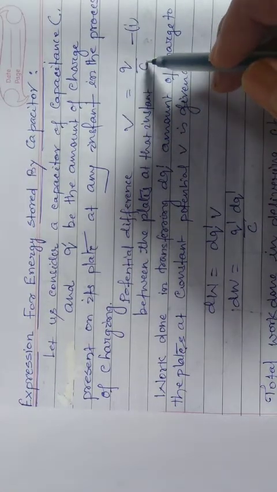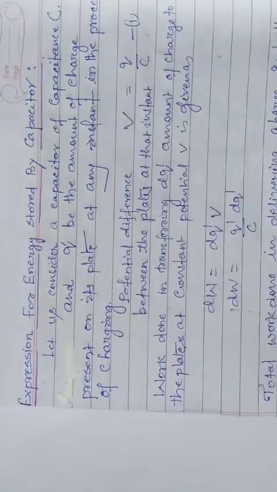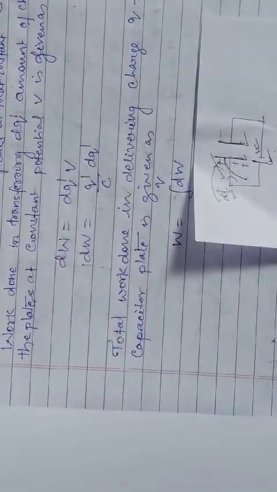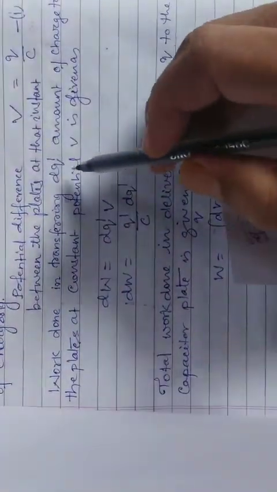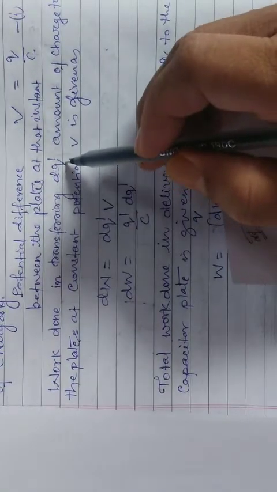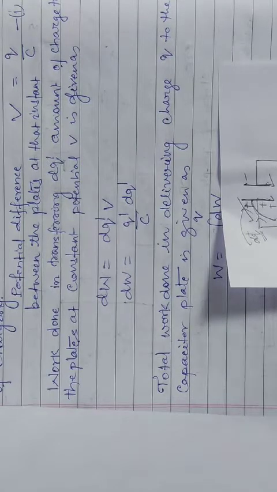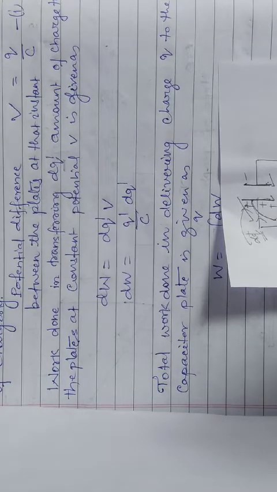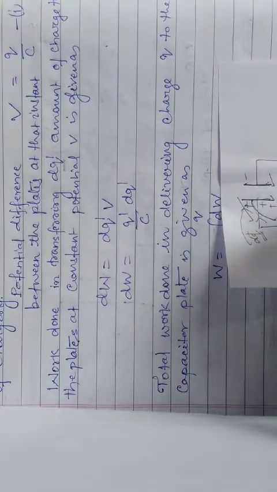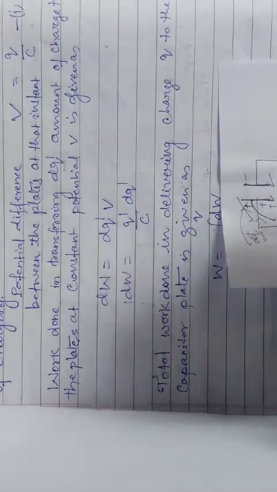V is equal to Q dash by C. Now if dq dash is the amount of charge to be transferred to the plates, this is a very infinitesimally small amount of charge. Why is it so small? So that we can consider the potential difference between the plates to remain constant, V.